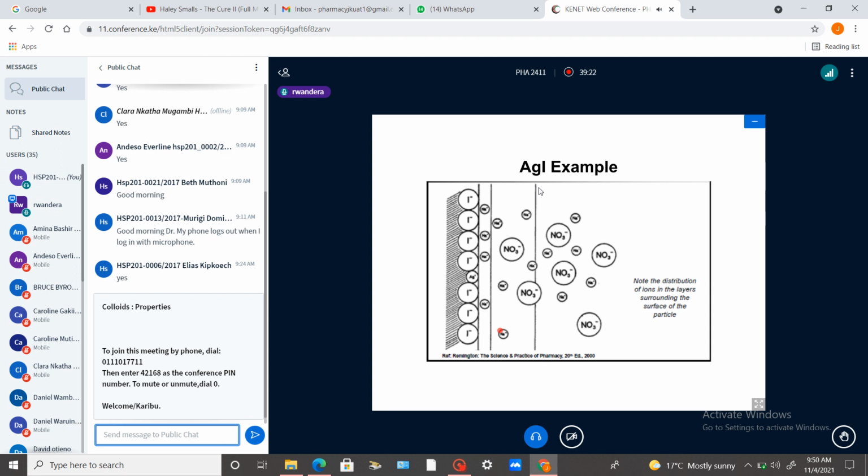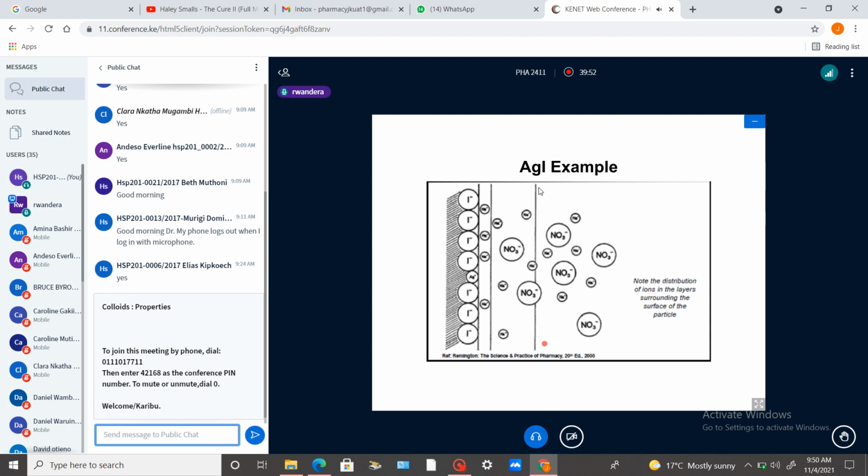Now in the next layer, you'll have what we call the diffuse layer. In the Stern layer, the sodium ions will be tightly bound to the negative iodide ions. But in the next layer of the colloidal dispersion, which we call the diffuse layer, you'll have loosely attracted sodium and nitrate ions counterbalancing the charge.